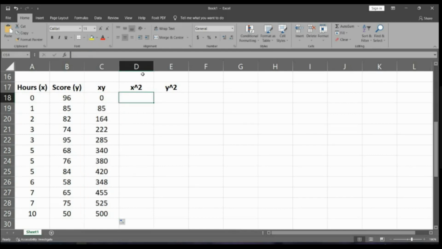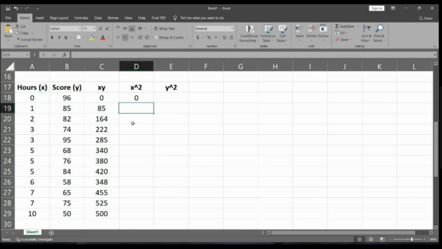Next column, we need to square. You need to square the x variable. So using the formula again, you may use the symbol for square. Okay, just look for the symbol sa mga keyboards nyo. So that is 0 squared.